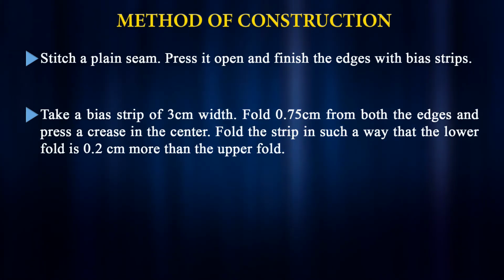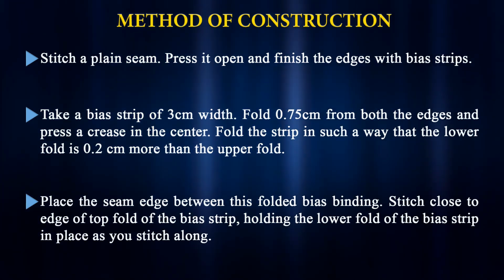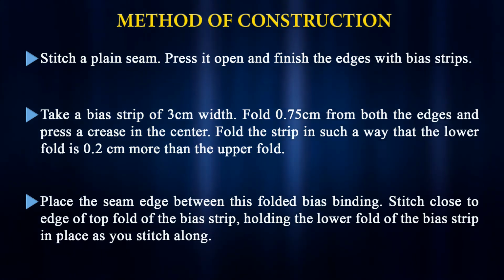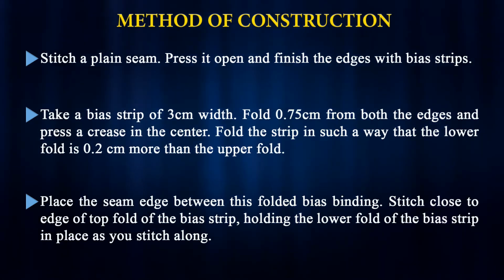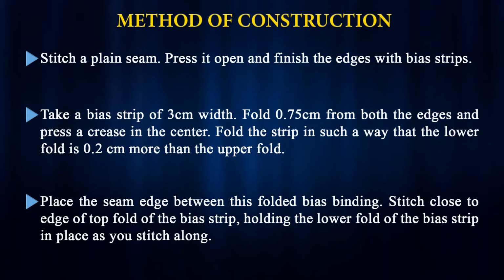Then we place the seam edges between the folded bias binding. Suppose we have a flat bias strip, we fold 2 edges inside facing each other, and we place the seam edge between the folded bias binding and stitch close to the edge on the top fold of the bias strip, holding the lower fold of the bias strip in place as you stitch along.